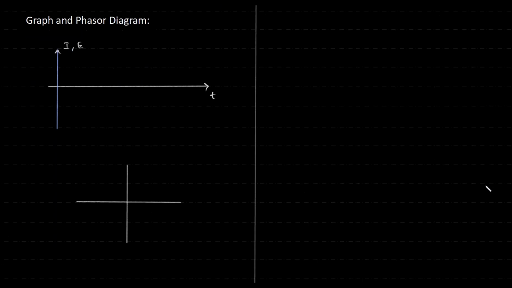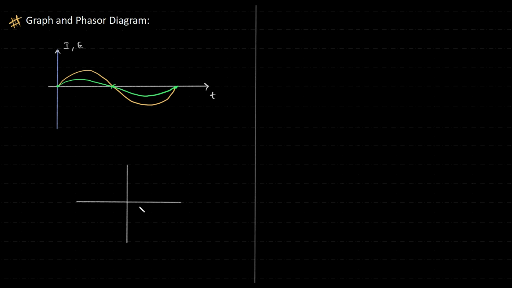Okay. So in this particular situation, if this is your voltage graph, your current graph might look like this. Of course, the amplitude can vary, but the points wherein they cross the maxima and minima will be fixed.